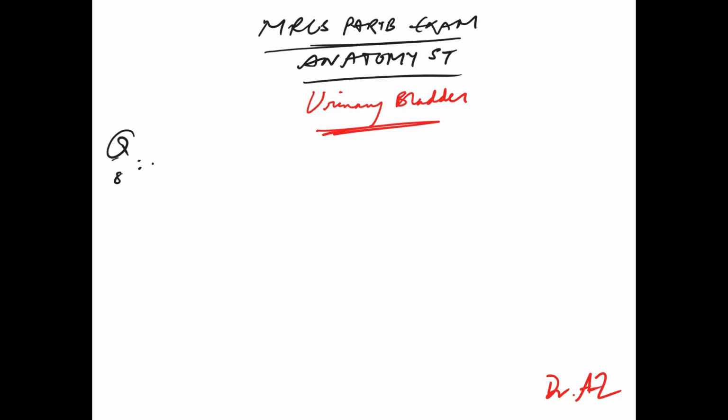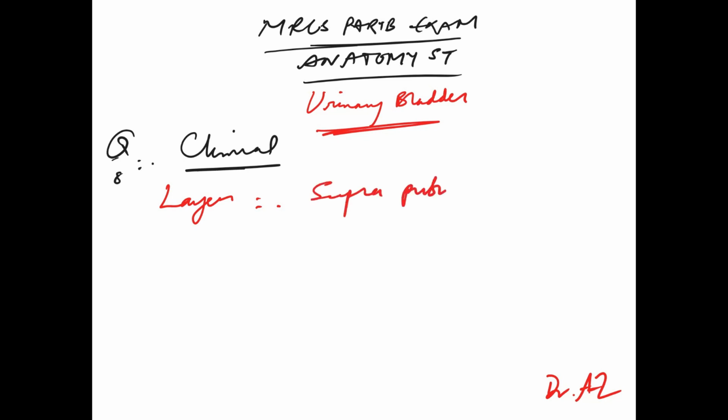Question 8 is a clinical or therapeutic question, and here they are going to ask you about the layers that are encountered during suprapubic catheterization. Just to make a long story short, there are 6, and we are going to mention them all here.